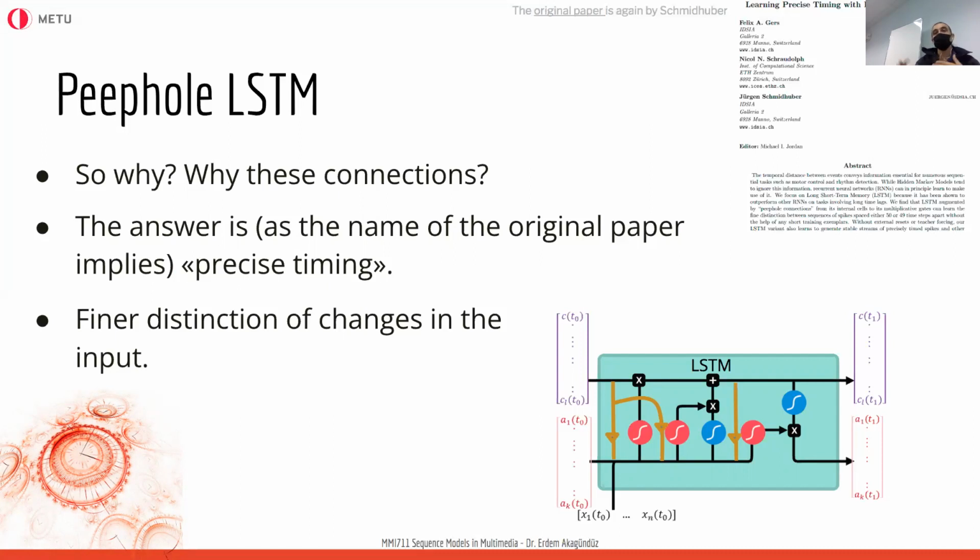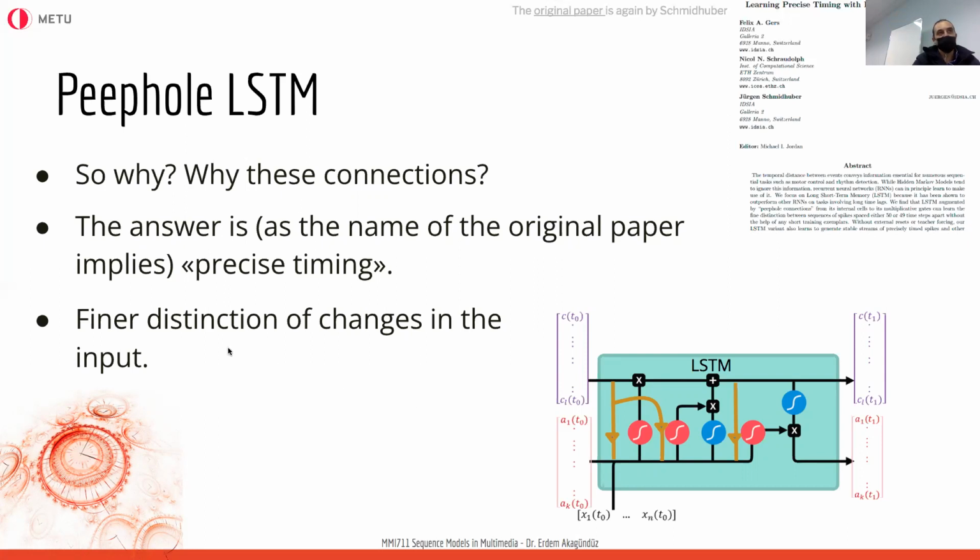For sequence-to-sequence problems, if the timing is important, if you want to see an effect of the input sequence faster and exactly at the same instant at the output, they came up with a group of results showing that if you use peephole connections, you would have better and more precise timing in these sorts of problems.